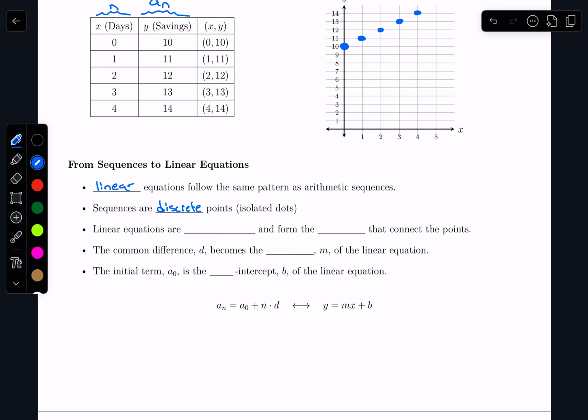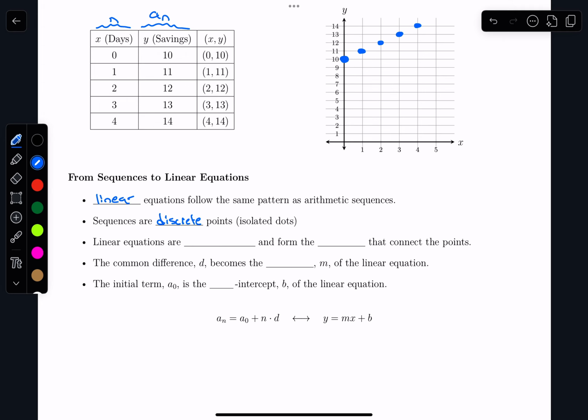So if you notice in my graph up above, all I did was put dots on the screen. I didn't connect anything. Linear equations, on the other hand, are not discrete. Linear equations are continuous, meaning you have to connect the dots. So linear equations are continuous and form the lines that connect those points.